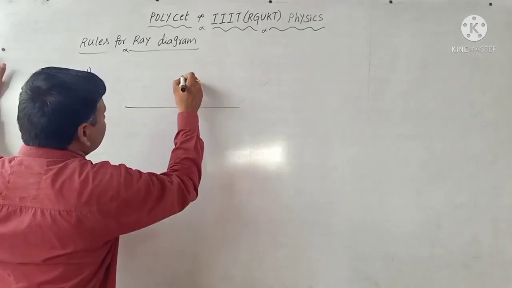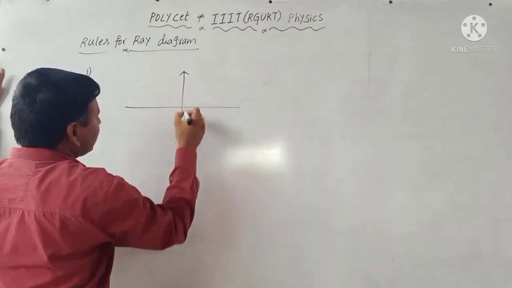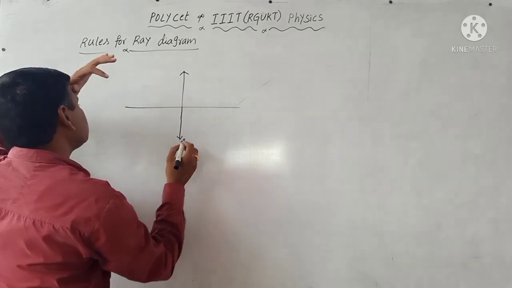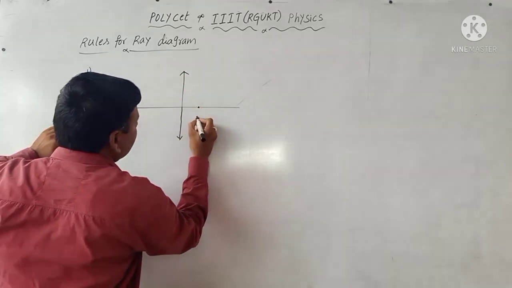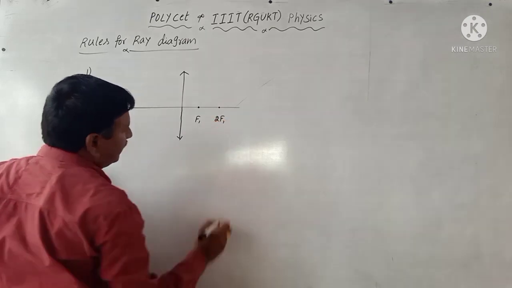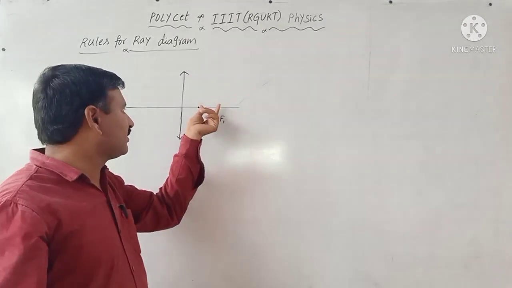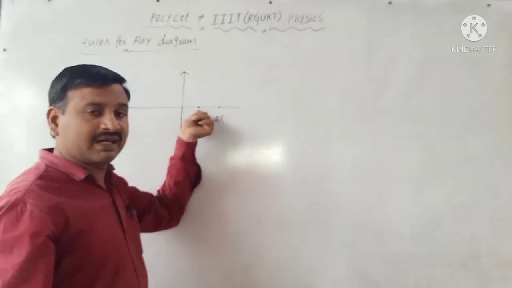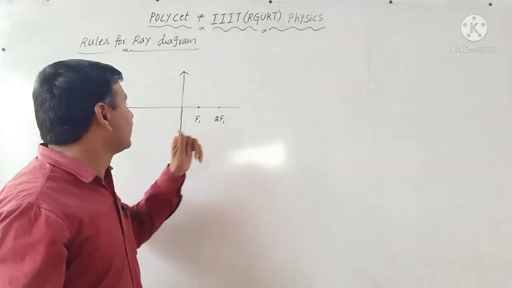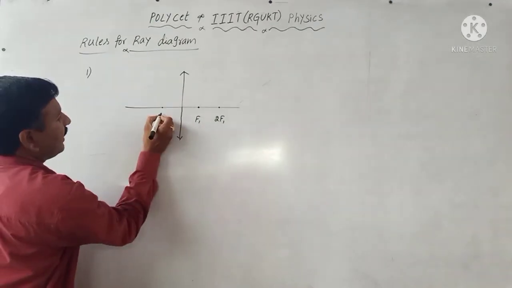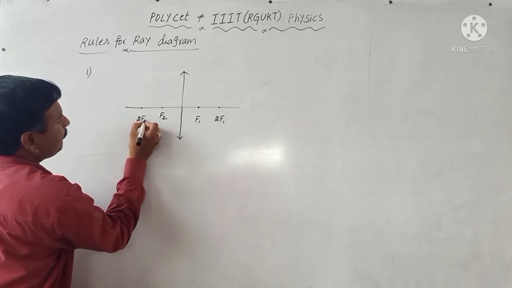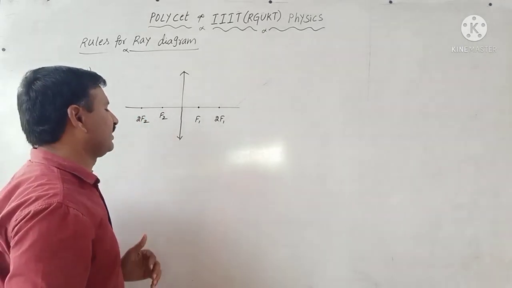It is the convex lens. The convex lens has focus f1 and 2f1, the focal length and the radius of curvature. On the other side, it has f2 and 2f2. It is the convex lens.